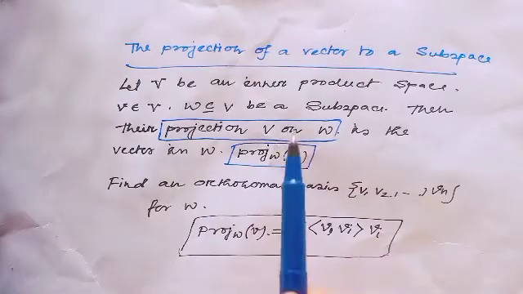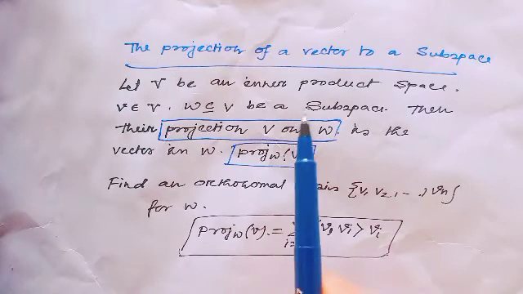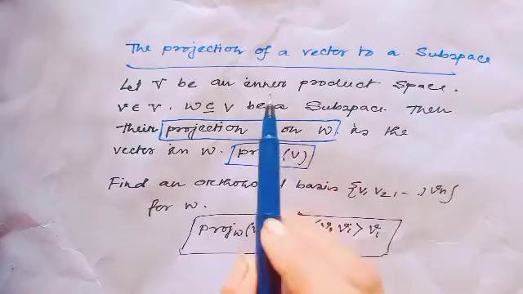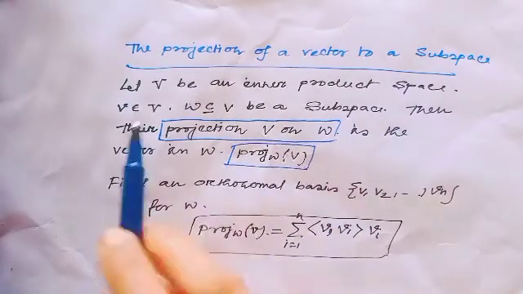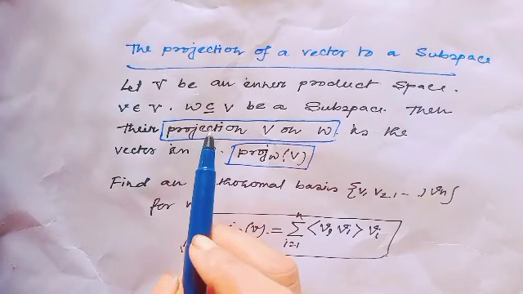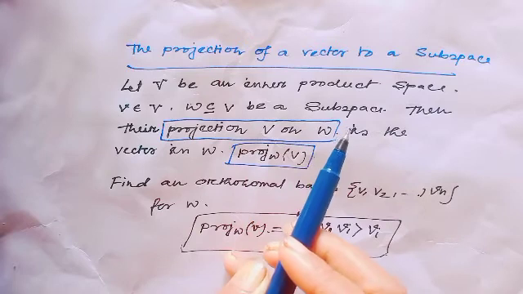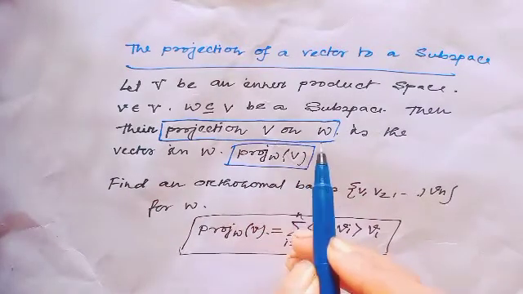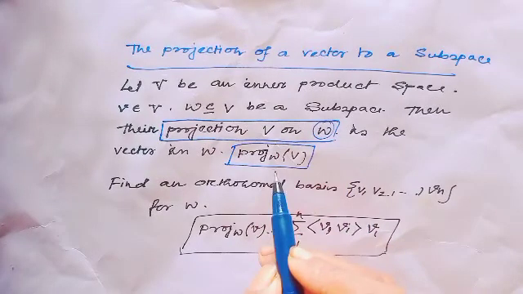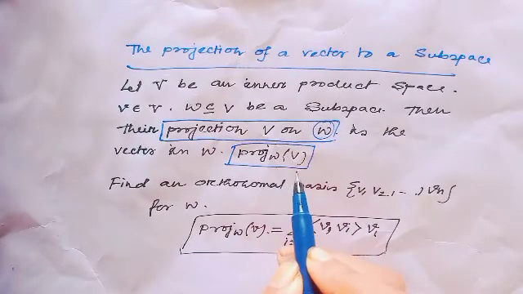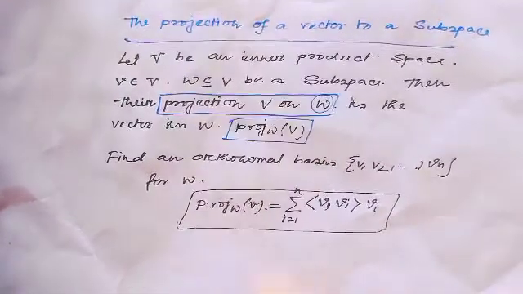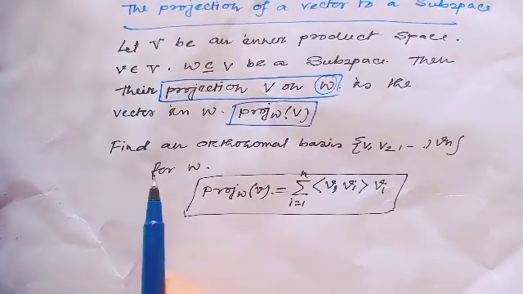Oh, yes. And the general formula to find the projection of a vector onto a subspace is: consider V an inner product space, small v an arbitrary vector, and W a subspace. Then the projection of v on the subspace W is the vector in W denoted as projection of v onto W. And the rule is of such type.